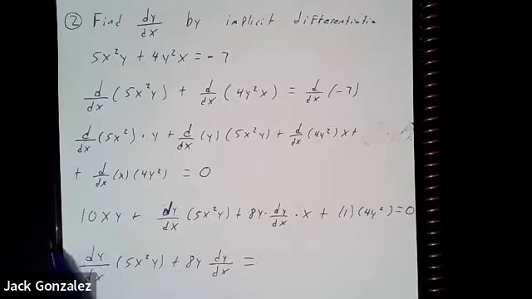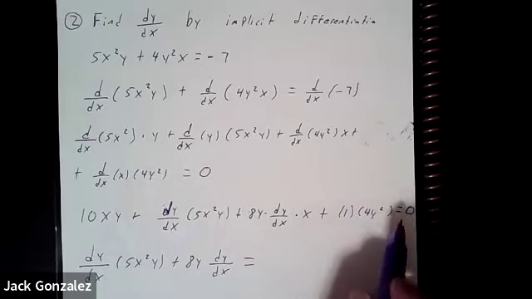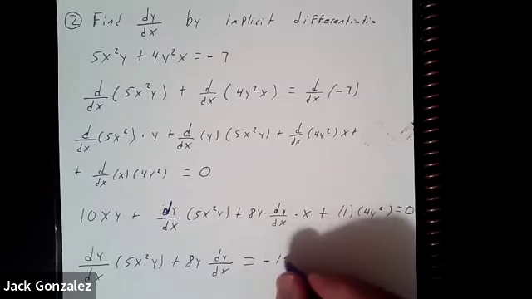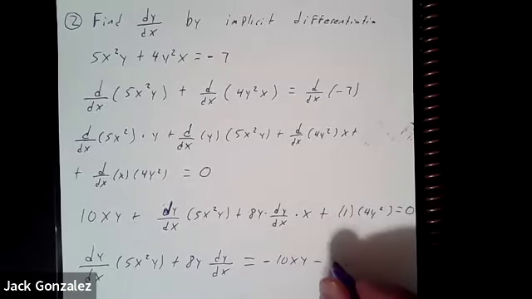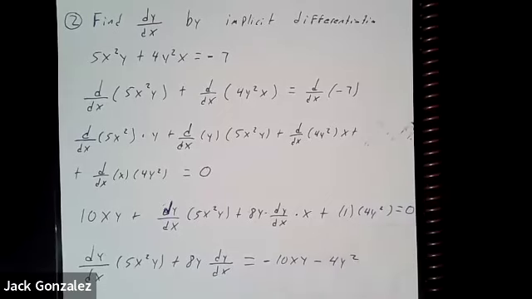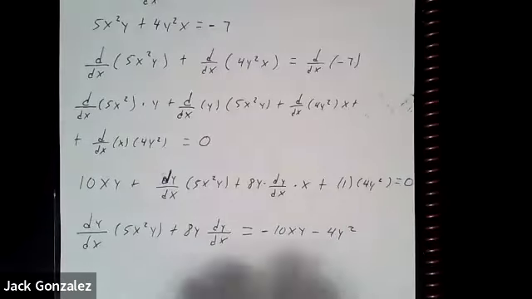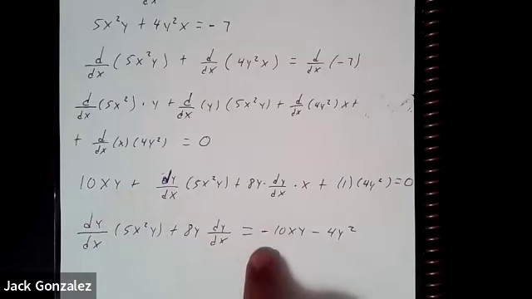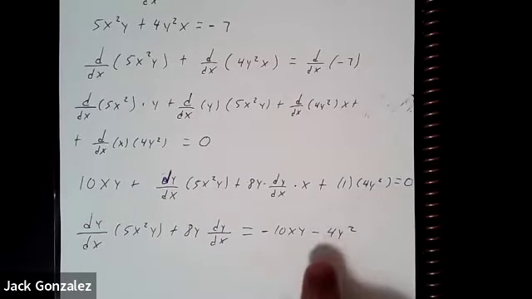Anything that does not have dy dx is gonna be moved to the other side via addition or subtraction, depending. So this would be negative 10xy minus 4y squared. I just move this guy over there and this one over here. You guys cool with the algebra? I'm good. Yes.